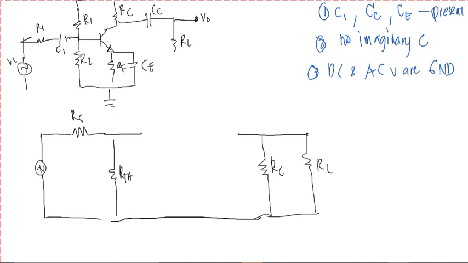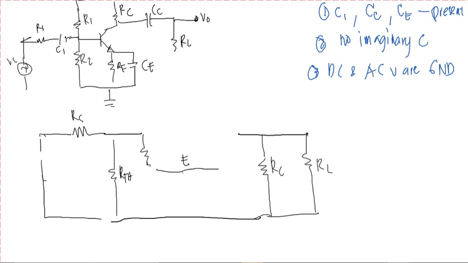Take note that our source will be connected to ground, so I can just connect it directly to ground. What we need to consider now is your beta RE. And take note, your emitter will be here. Since it is not directly connected to ground because there will be a capacitance present, as I said earlier, the capacitance CE is present.